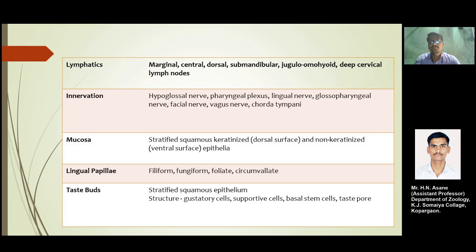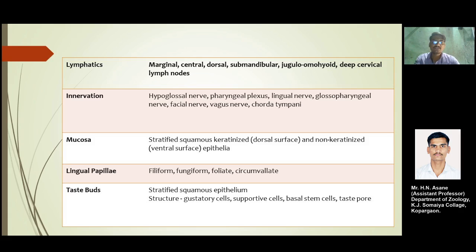And the lingual papillae are formed by the filiform papillae, the fungiform papillae, the foliate papillae, and the circumvallate papillae. These are some parts, the papillae, that have some main functions. The taste buds are made up of stratified squamous epithelium, as we have seen when we conducted the sessions on these tissues.